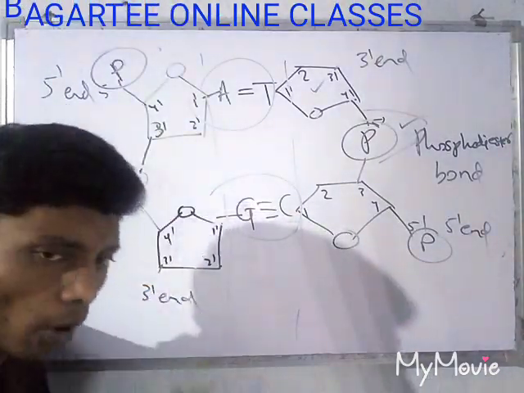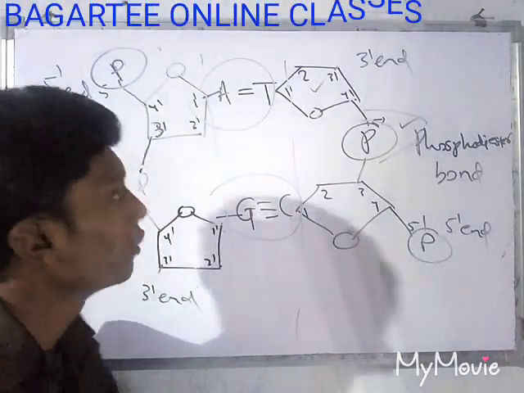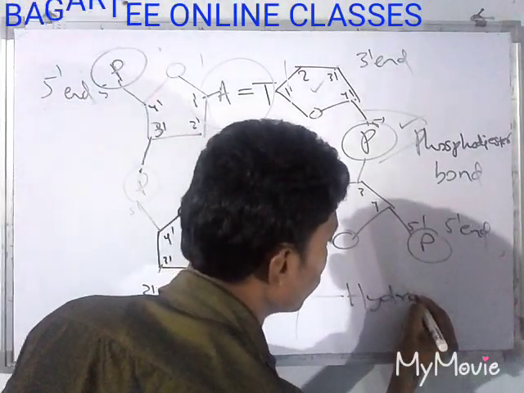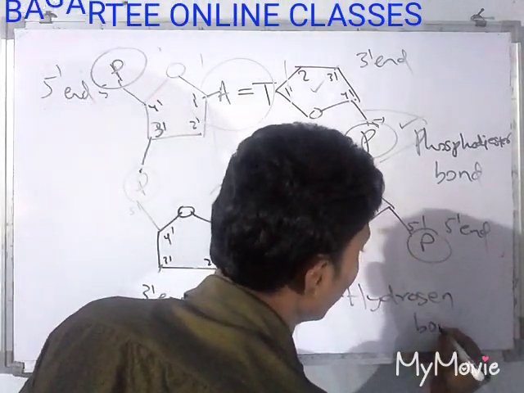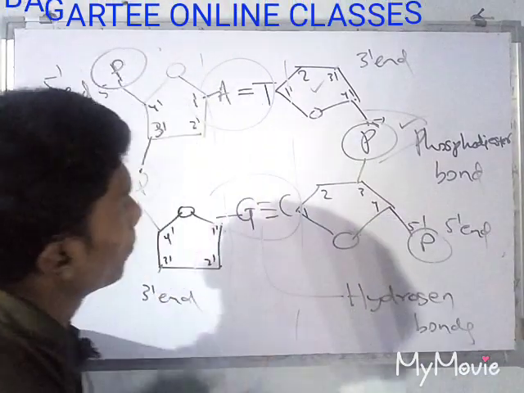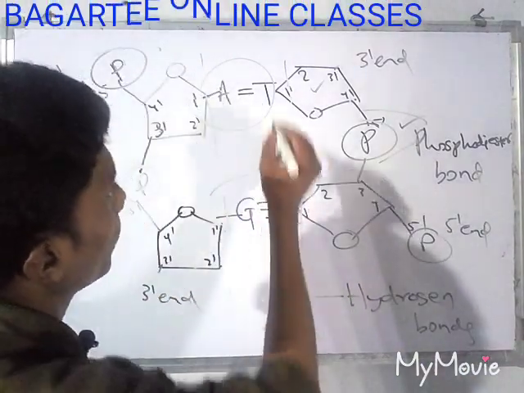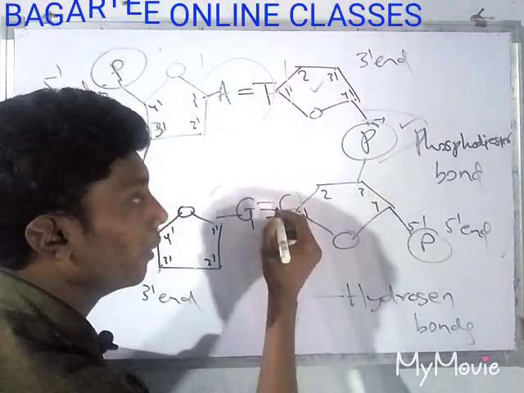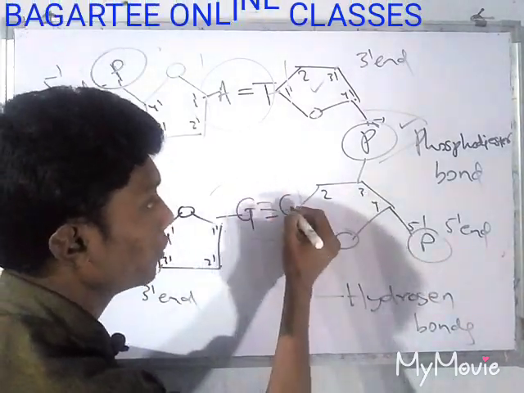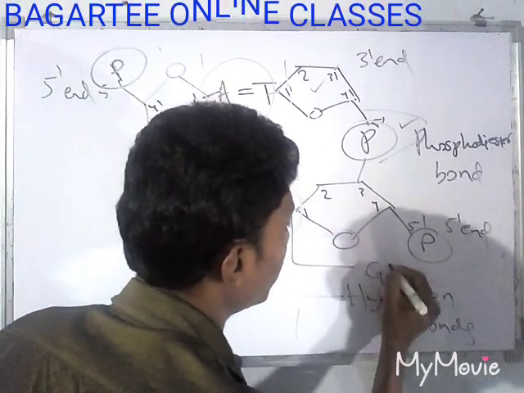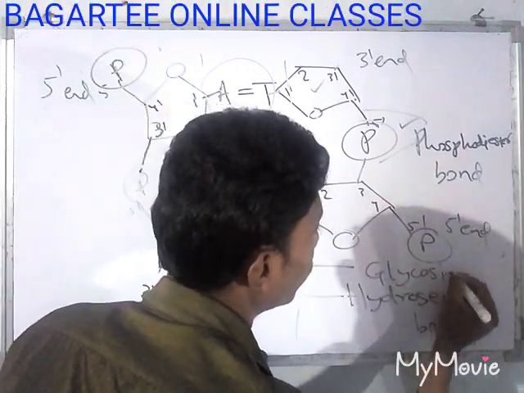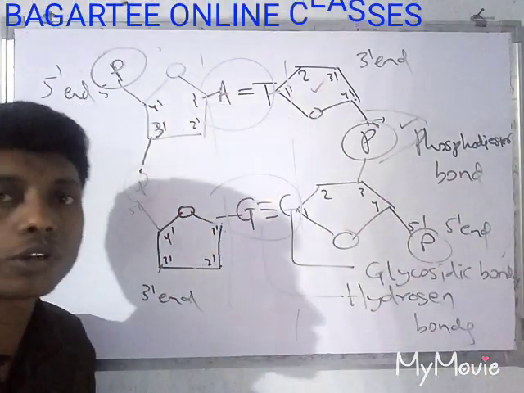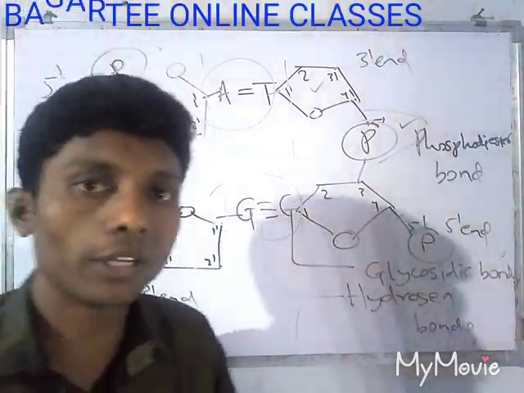Whereas the bonds present between the bases are hydrogen bonds. And the bond present between the sugar molecule and the nitrogenous base is called the glycosidic bond. Clear? So this is the overall molecular structure of DNA.